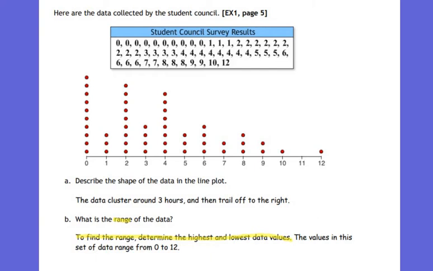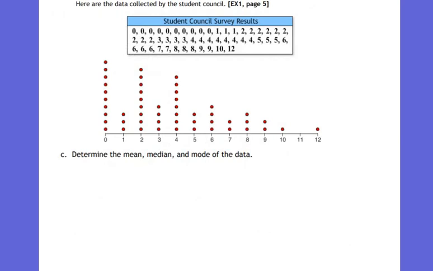Okay, that's our range. We need to look at a few other definitions on C. Determine the mean, median, and mode of the data. We have a lot of information to go in this section, so don't write too large, because we're first going to define them, then we have to give examples of them.